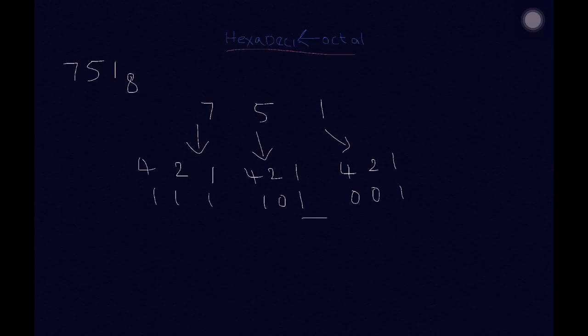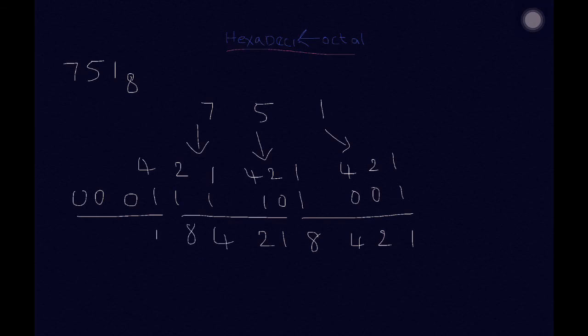Now I'm going to divide it into 4. 0, 0, 0. 1, 2, 4, 8, 1, 2, 4, 8, 1, 2, 4, 8. This is 1. This is 8. 8 plus 1, 9.